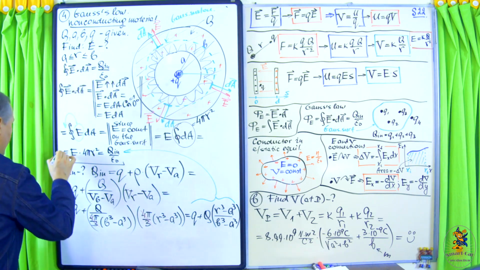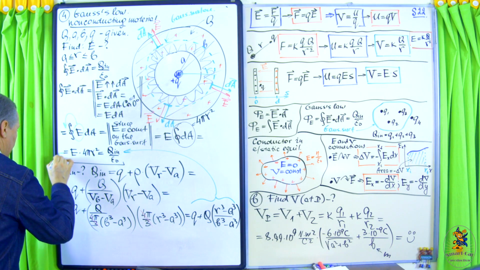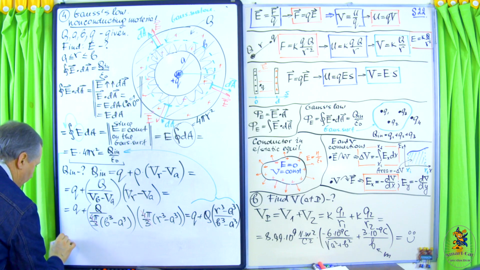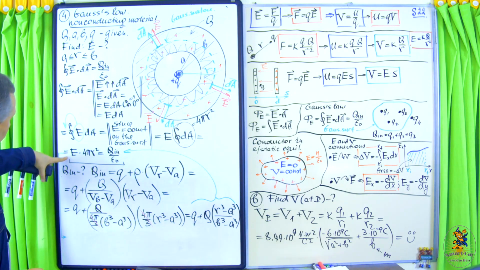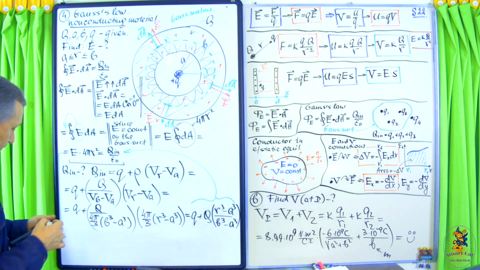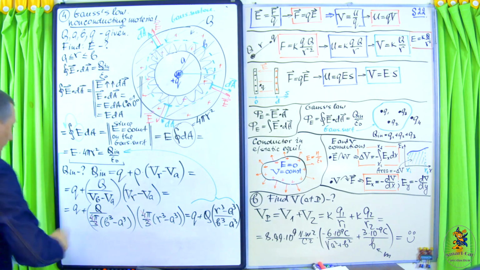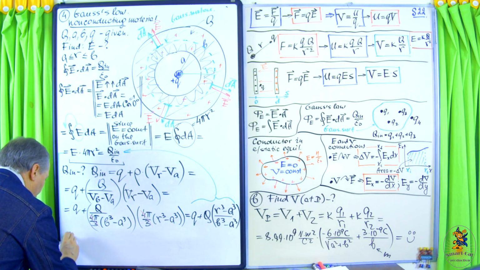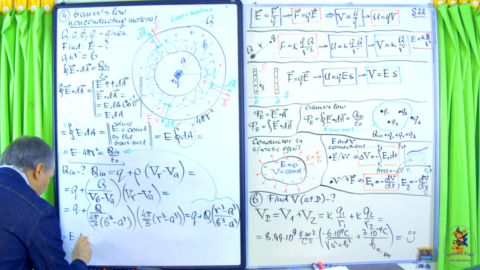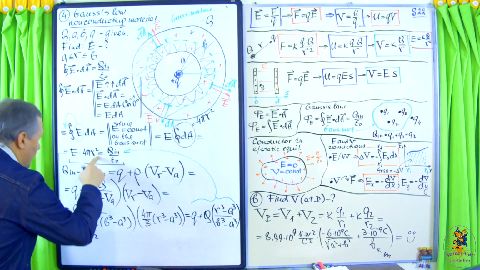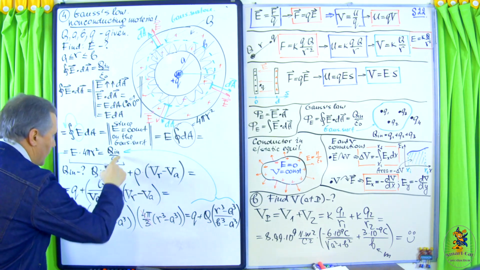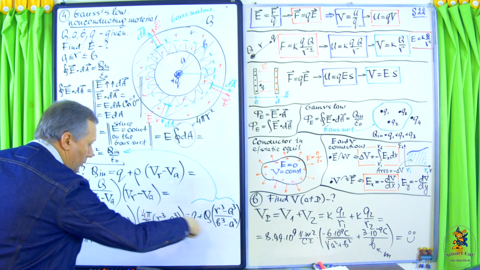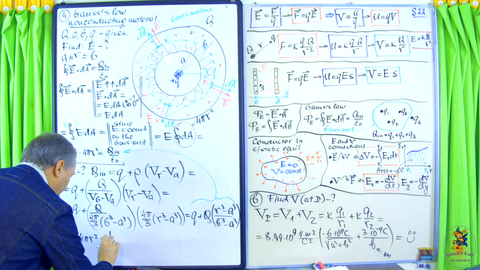Since I'm running out of whiteboard, I will just rewrite this line over there. So E times 4 pi r squared equals Q enclosed divided by epsilon naught. So all this thing divided by epsilon naught.